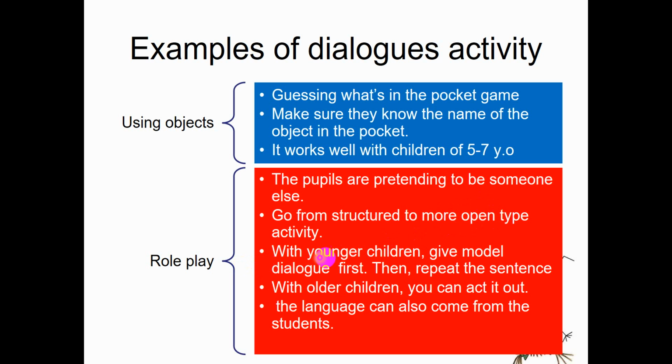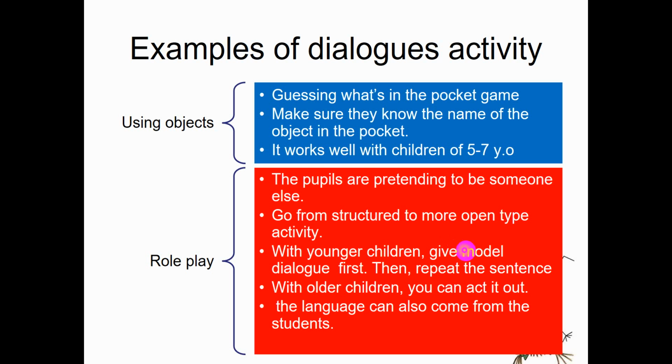Remember, with young children, give a model dialogue first. So prepare a model dialogue. Do not come to the class and ask the students to create a dialogue. It's impossible. Remember, you are the teacher of the children. You have to show it first.